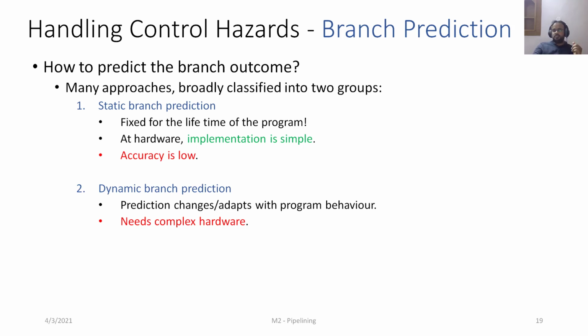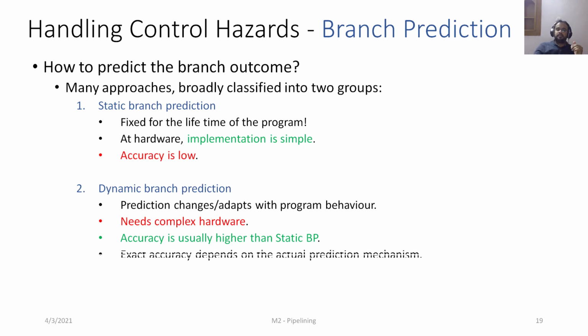Static branch prediction's accuracy is quite low because it is not adapting to the program, right? It is not learning. Basically, it just says this is my prediction and I'll stick to it all through. So the accuracy is quite low. And when it comes to dynamic branch prediction, its accuracy is usually higher than static branch prediction.